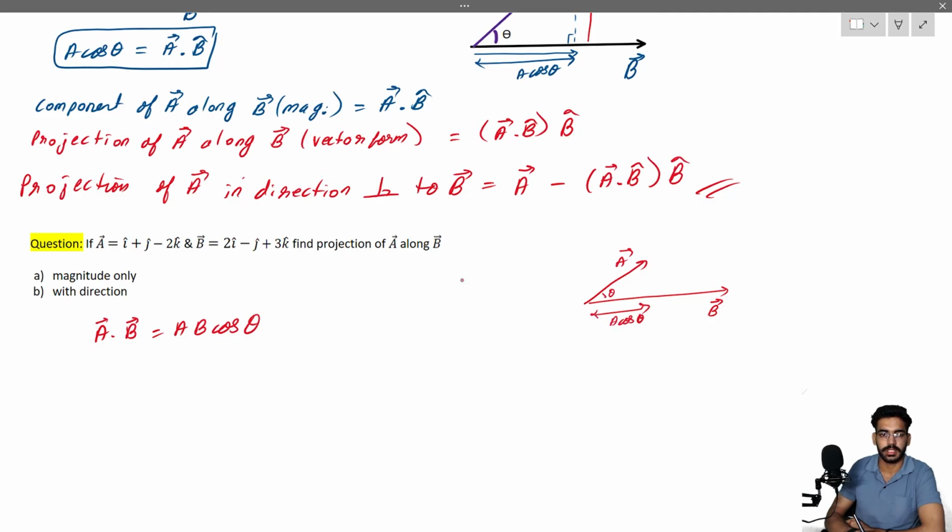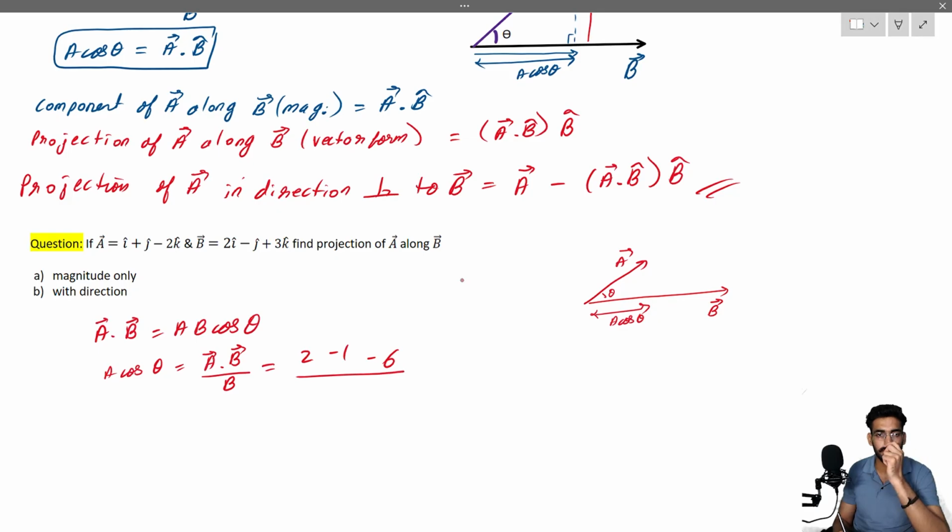So I know from here a cos theta equals a vector dot b vector divided by magnitude of b, okay. So a vector dot b vector is what, 2, and from here -1 and then -6, right? Dot product, and magnitude of b, what is the magnitude of b here?